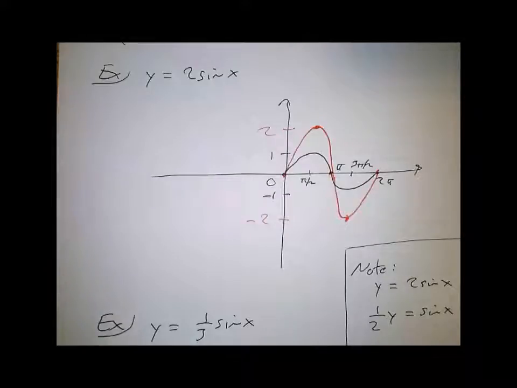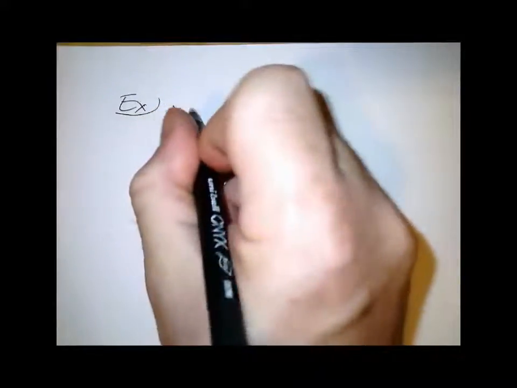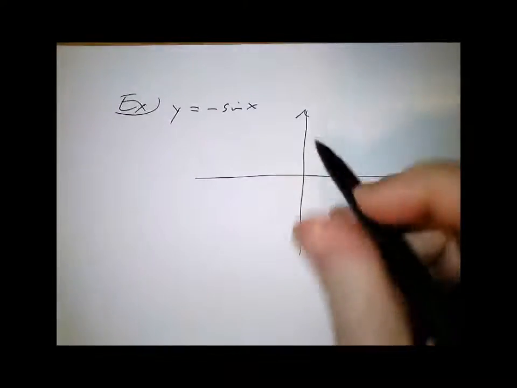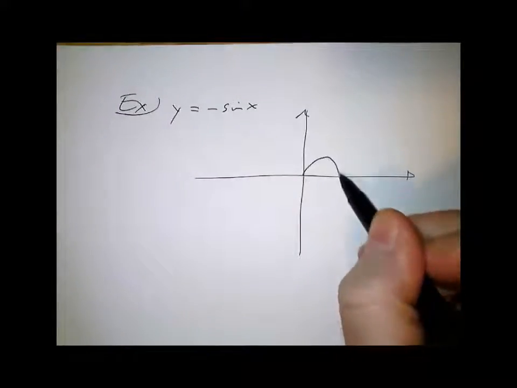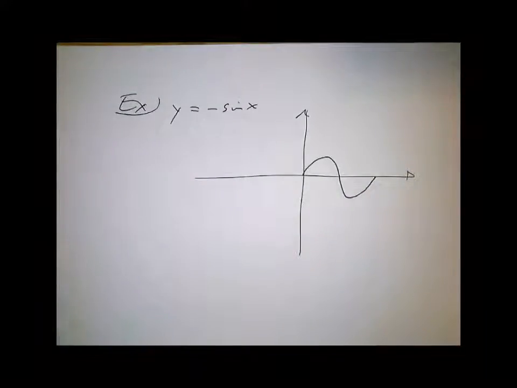And if I write it in this fashion, it's not so mysterious that we're doing the opposite thing of what you might think. Okay, finally, if we have a negative value, that's going to reflect about the x-axis. If I have y equals negative sine of x now, just think all my y values are negated. And when I negate a y value, I flip it across the x-axis.